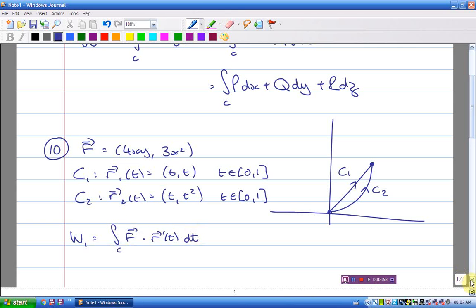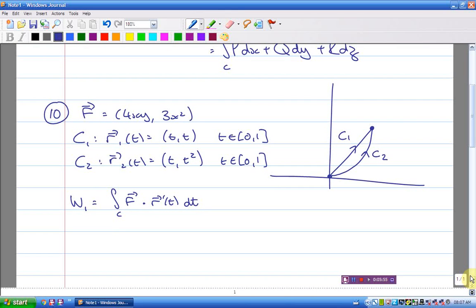Okay. So I'm going to work out the work along curve 1, and it will be the integral from 0 to 1 of F. So I'm going to write F now, but instead of x and y, I'm going to write the parametric expressions for x and y, which along curve 1 are just t and t respectively.